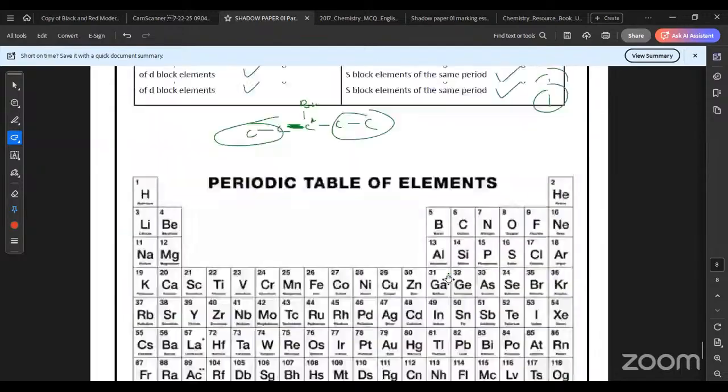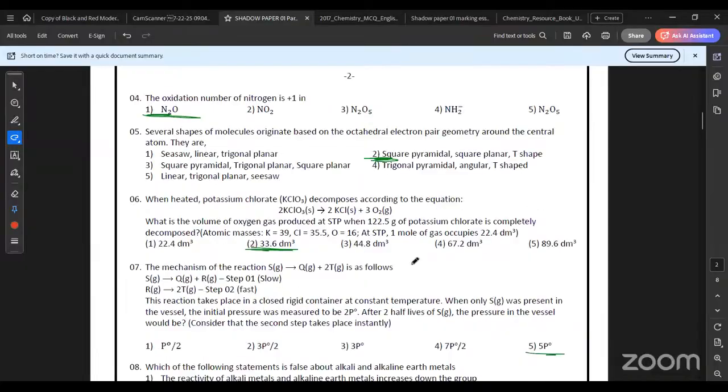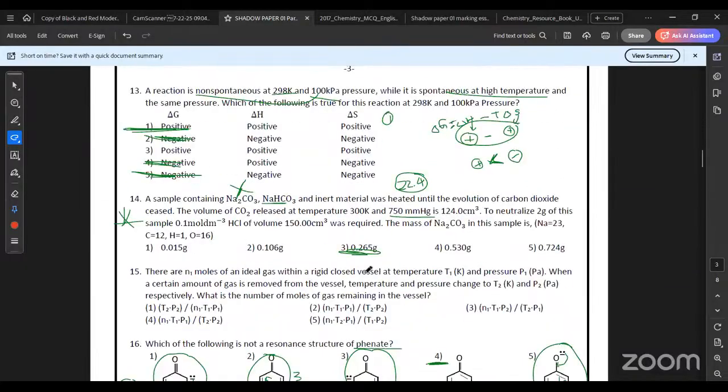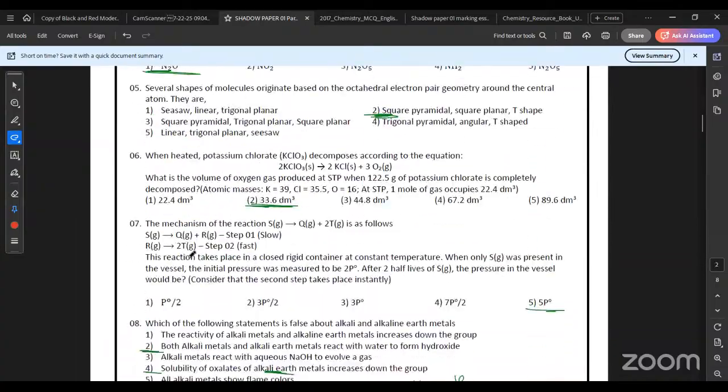Any questions regarding this paper? We saw there were some questions which were very important. I told you to put a star and go. Like this, right? And one more thing.